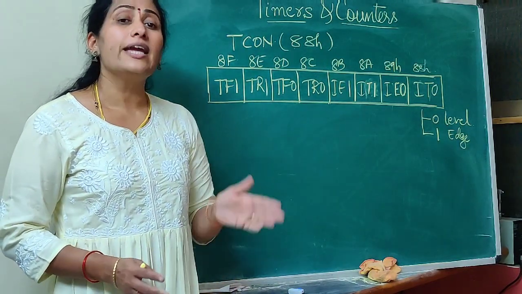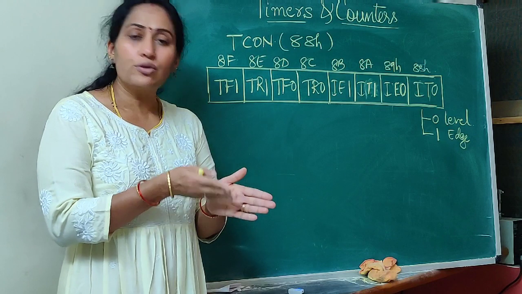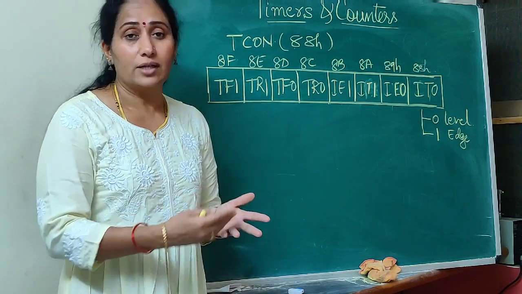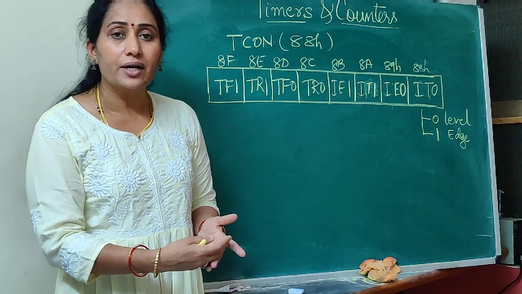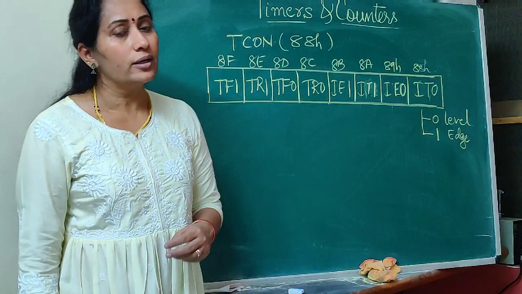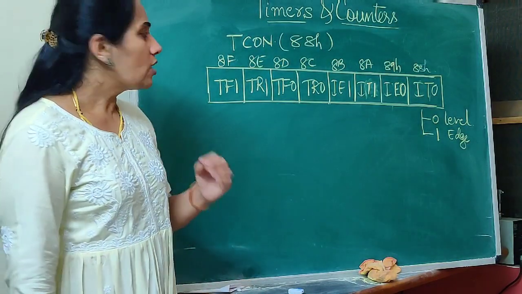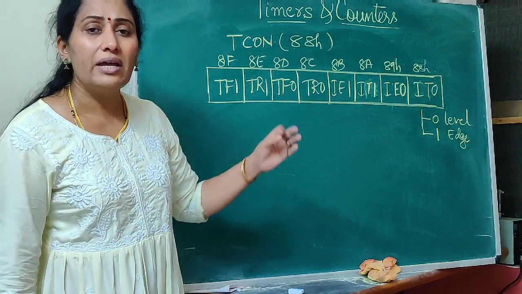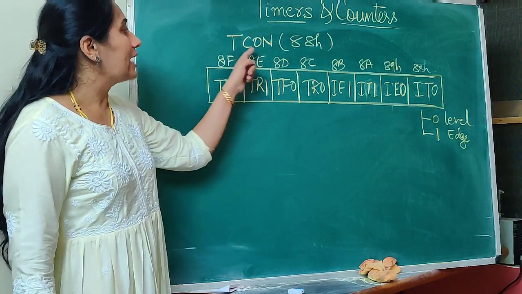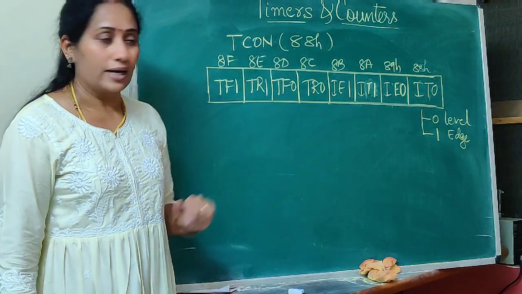And TMOD is a must because I have to select the mode of operation. I have to select how to start, whether software control or hardware control, and I have to select the counter operation or the timer operation. So I require T0, T1 and TMOD. So the next one, it is the timer control register.